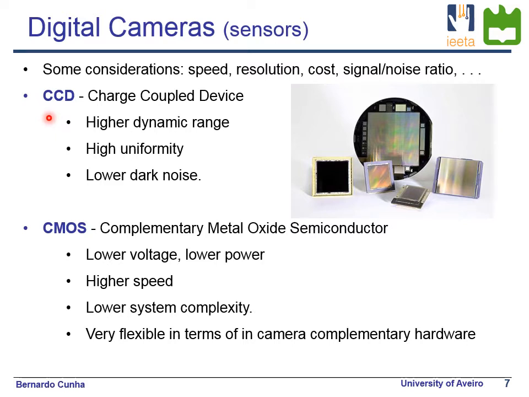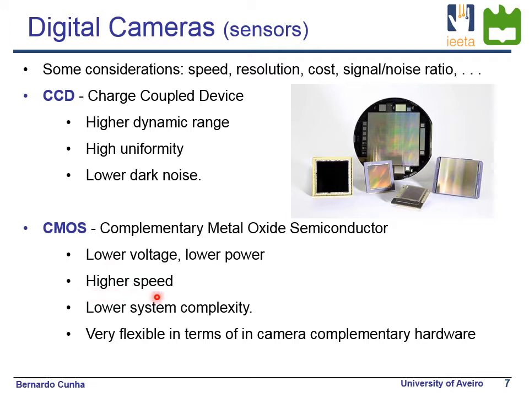But aside from that particular aspect, and for the cost in particular, CMOS is much more common these days when you look into digital cameras. And that's because, first of all, it requires a lower voltage and lower energy. So you can power your camera from a power source that can deliver a lot less energy than CCD would require.